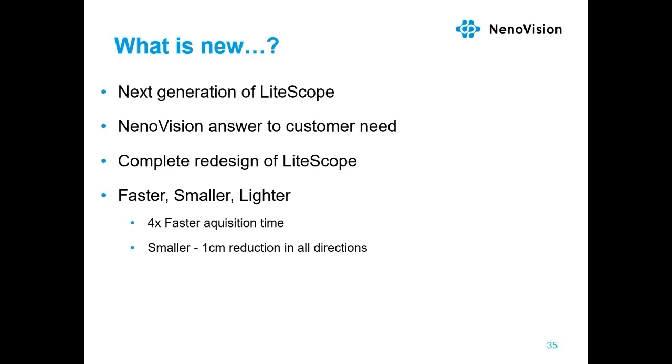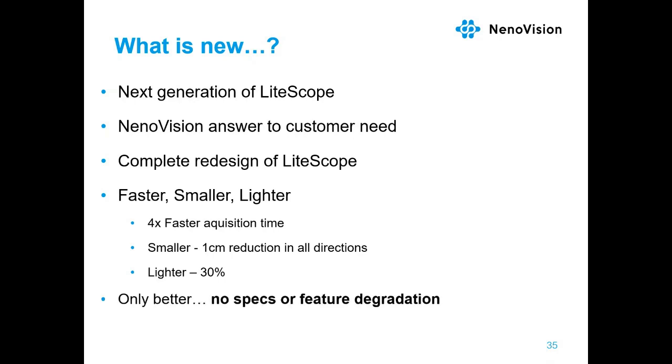LiteScope 2.0 is 1 centimeter smaller than the previous version, which means we can fit into many more electron microscopes, and the operation is also much more comfortable. The third point is that we are 30% lighter. The result is that we can fit any stage which you are using, so you don't have to take care about weight limitations anymore. I'm happy that it's only better. There is no specs or feature degradation.